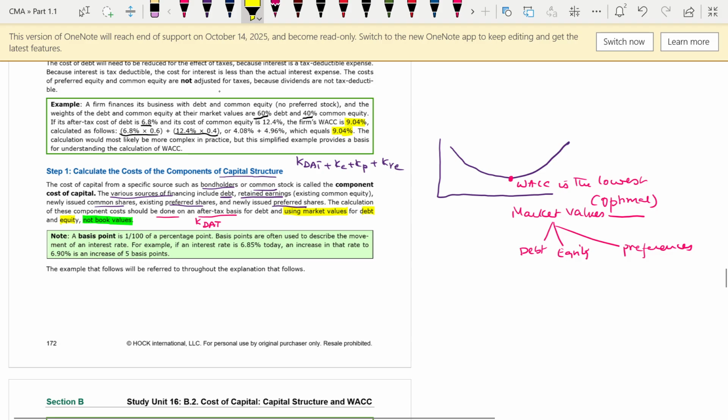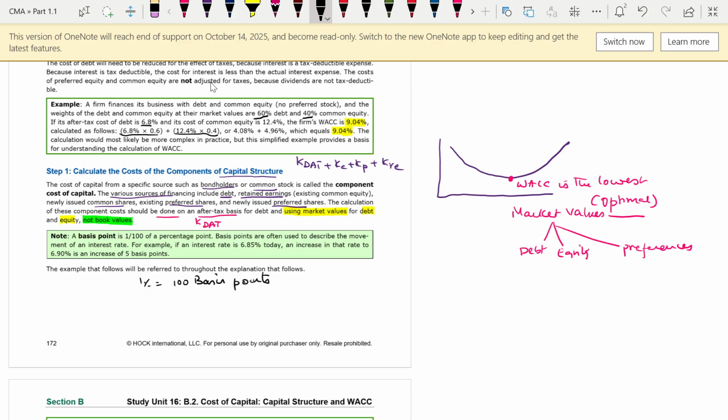This is one basis point. I told you previously, we have discussed this: one percent is equal to 100 basis points. It is a standard one. Keep this. We are going to work it out more specifically in derivatives.